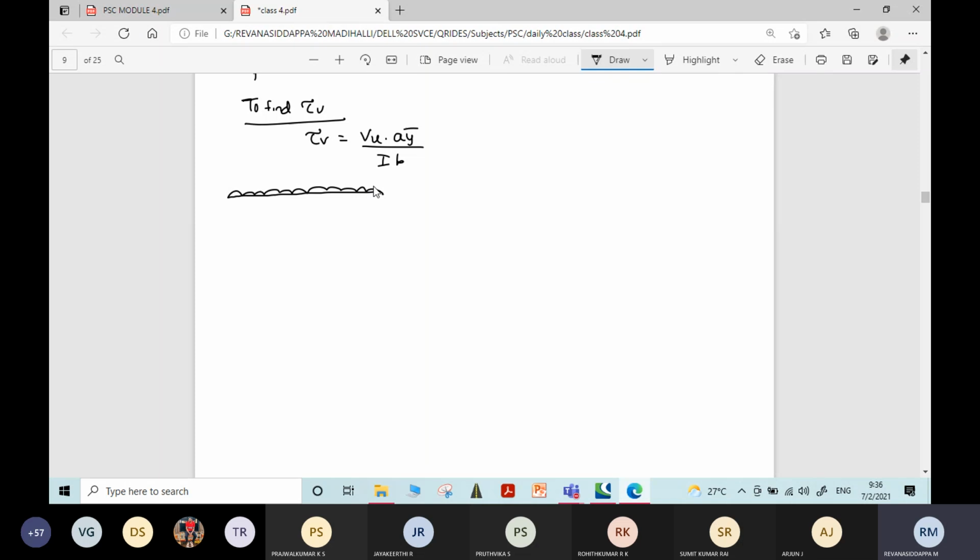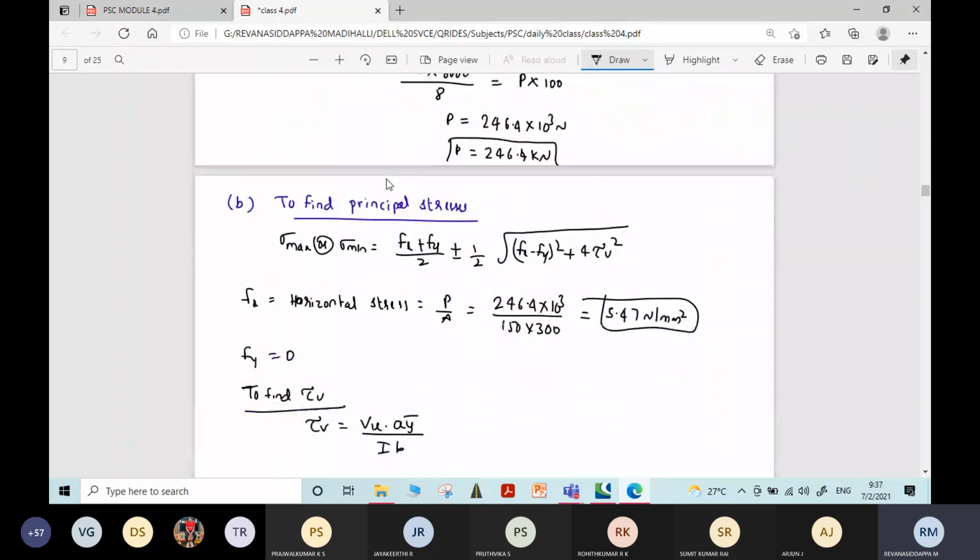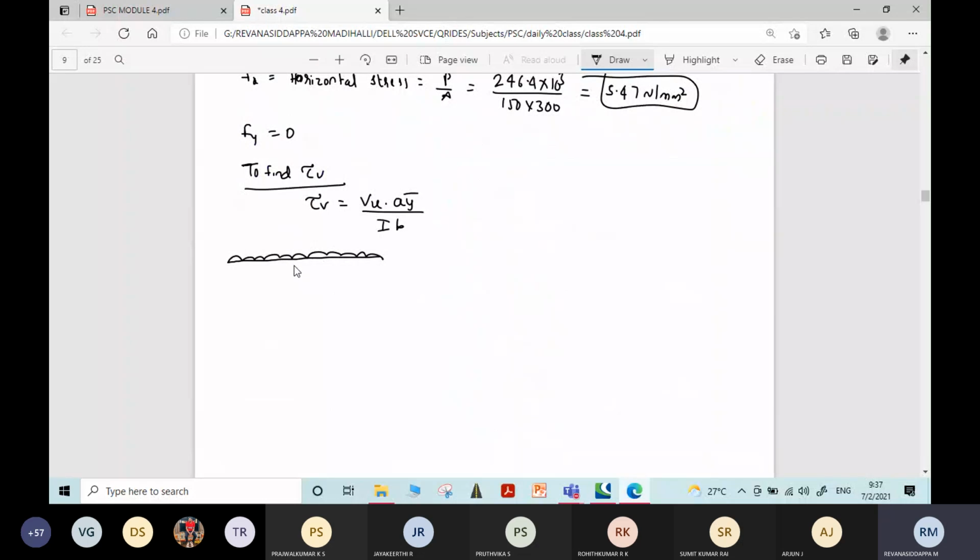The total UDL acting on the beam is 3.08 kilonewton per meter. The length of the beam is 8 meter. VA, VB. Therefore, the vertical component of the pre-stressing force also you write.